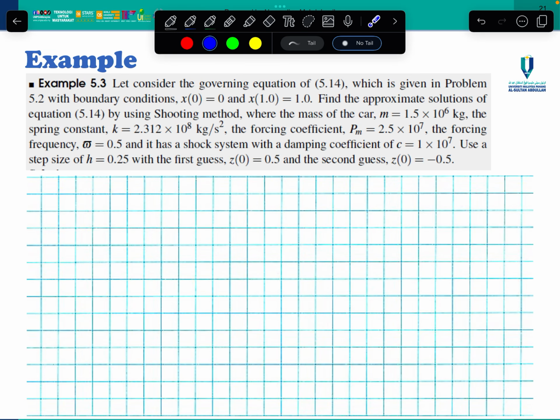Example 5.3, let's consider the governing equation of 4.14.